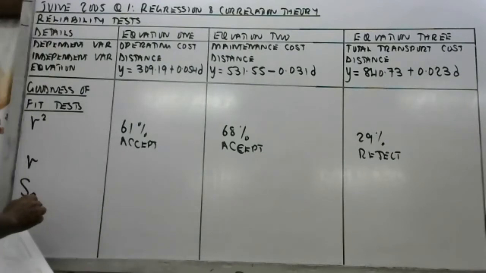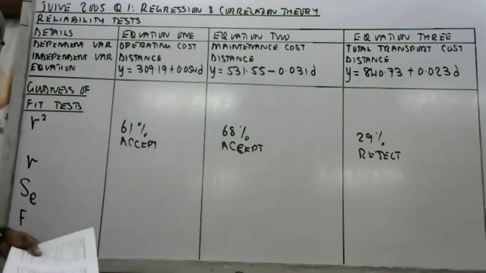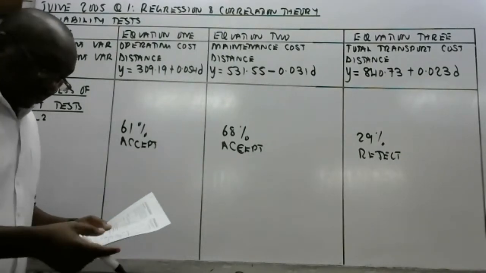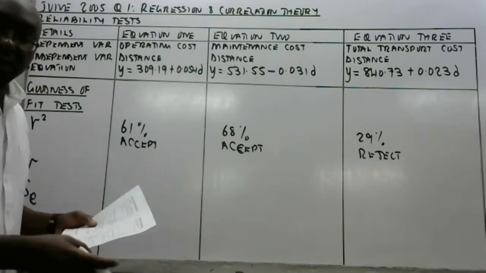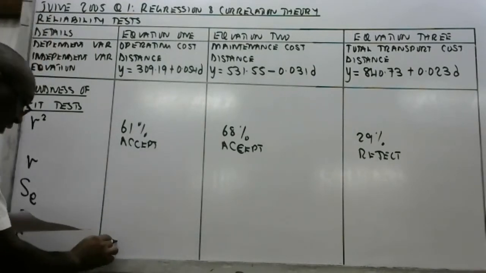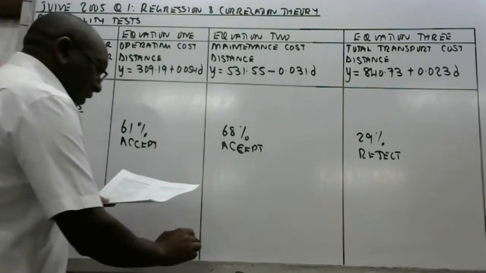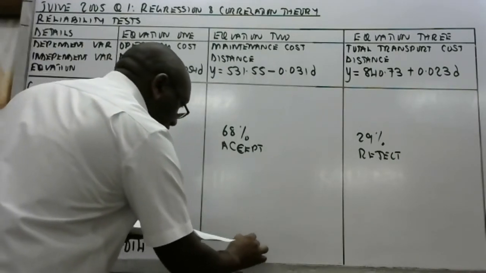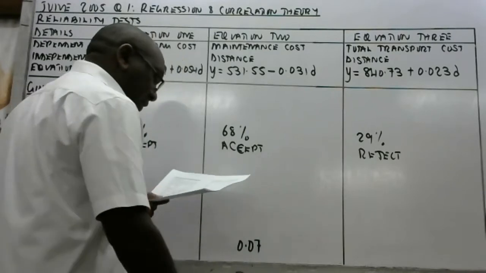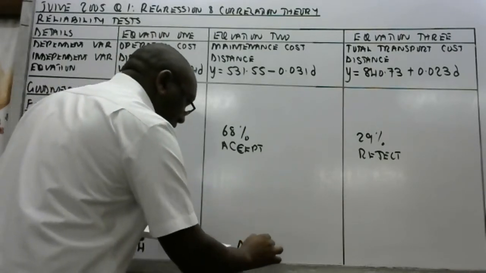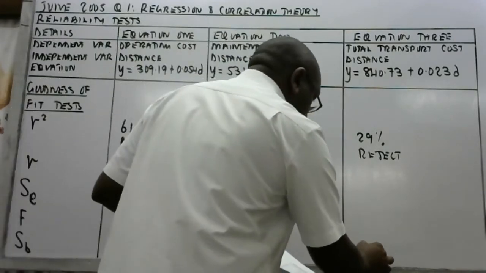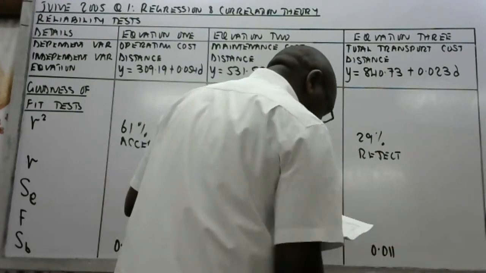The next one that you are supposed to comment about is SB, the standard error for the slope. So the standard errors we are given. For equation 1, check whether you can see 0.014. That is the standard error. This other one is 0.07007, and this other one is 0.011.